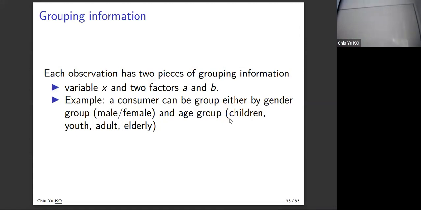You can look at whether consumers differ by gender and by age group. So is the difference in consumption amount in your store driven by gender, or by age, or in particular by some gender and age group combination? But I mean, you can do regression for this.